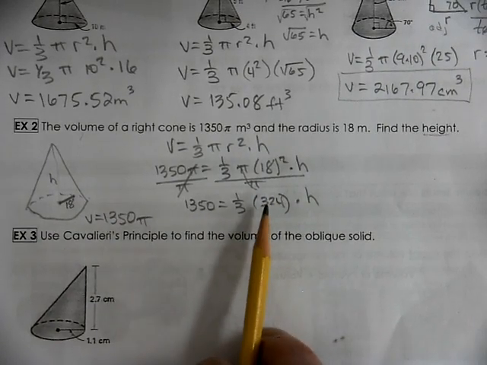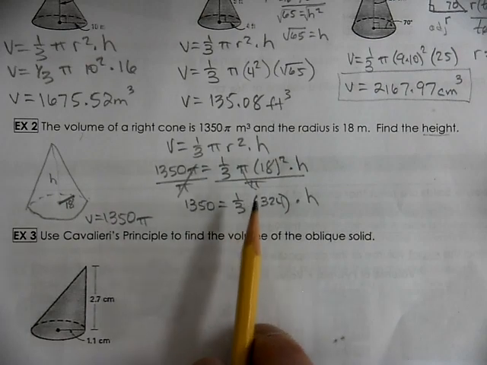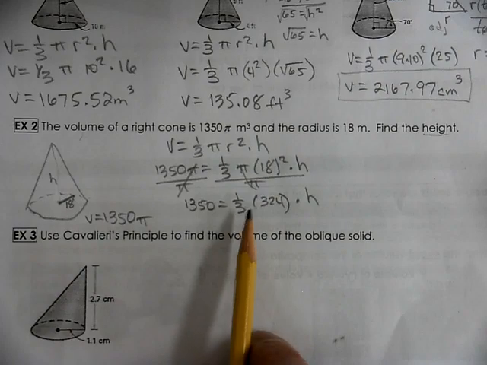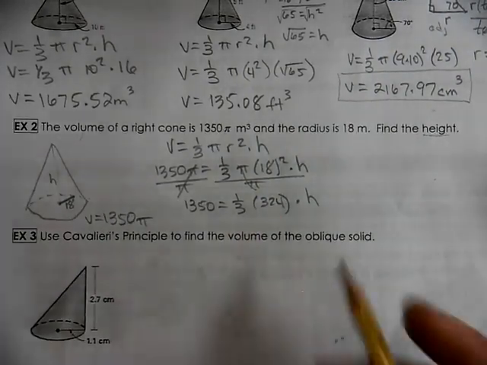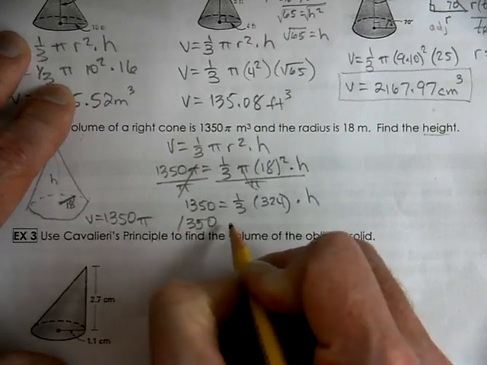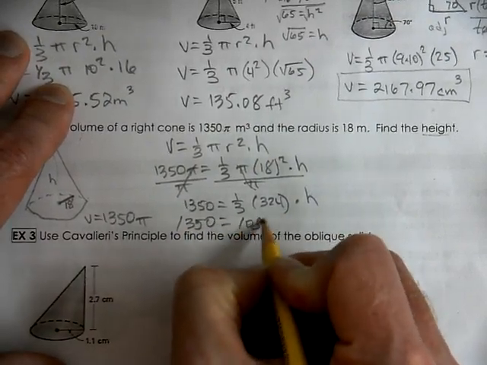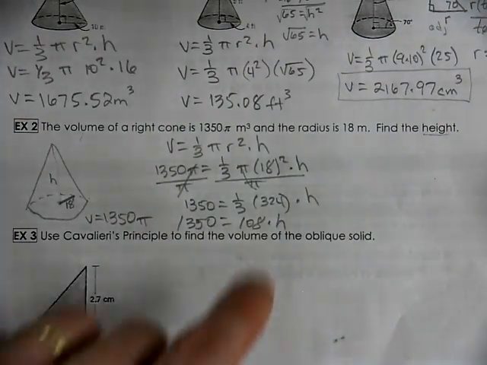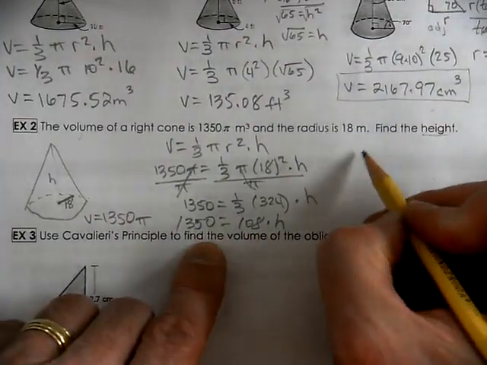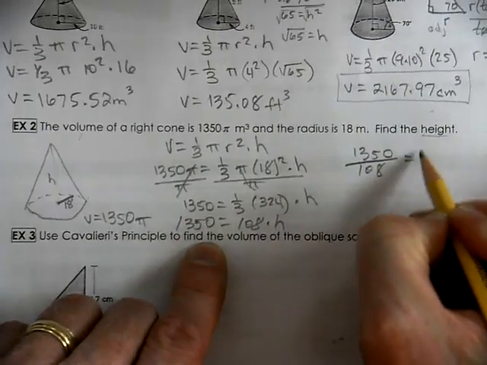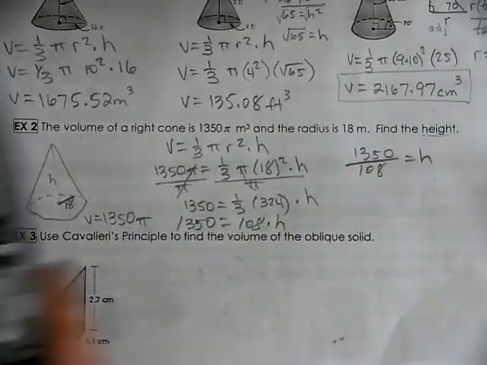It's a neat little trick. 3 goes into 3 once, 3 goes into 24 8 times, so 3 goes into 324 108 times. Now I'm going to divide by 108. That gives us our h.